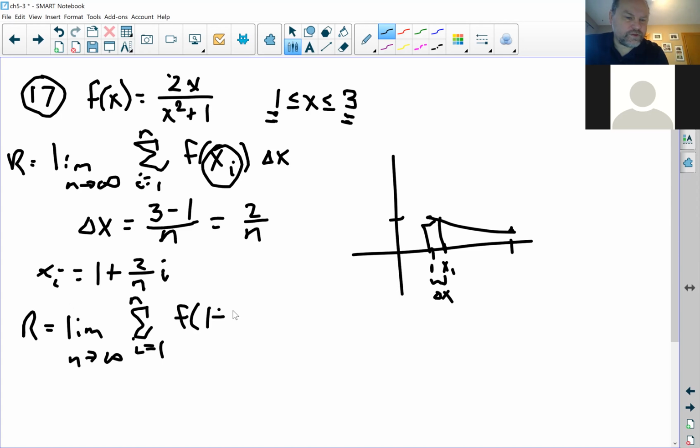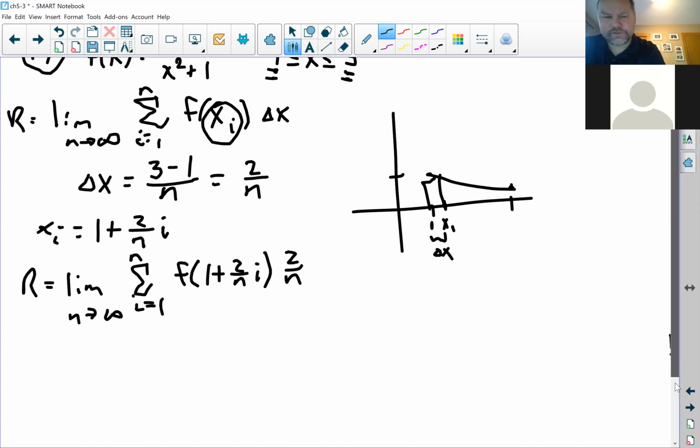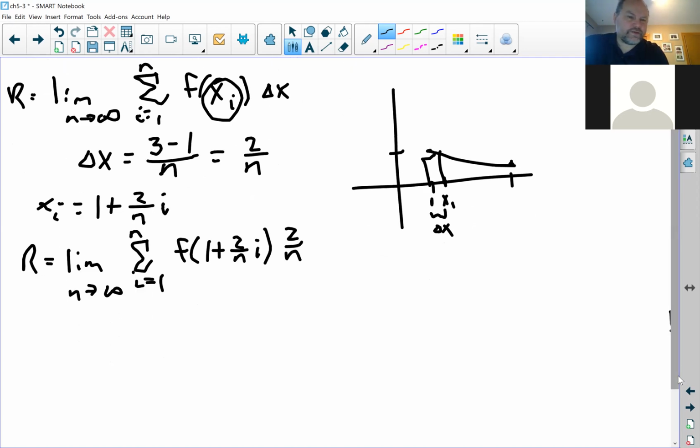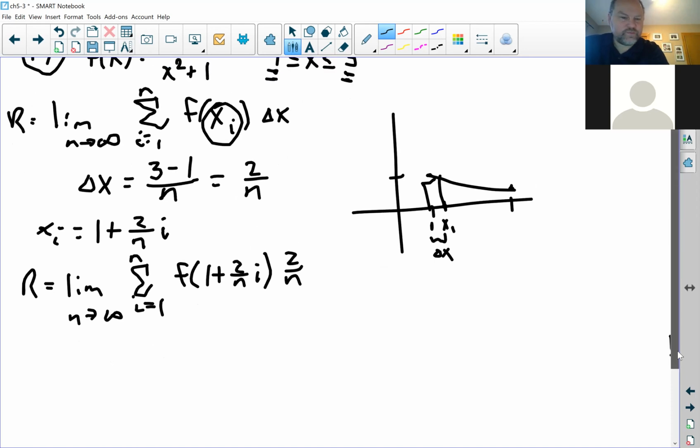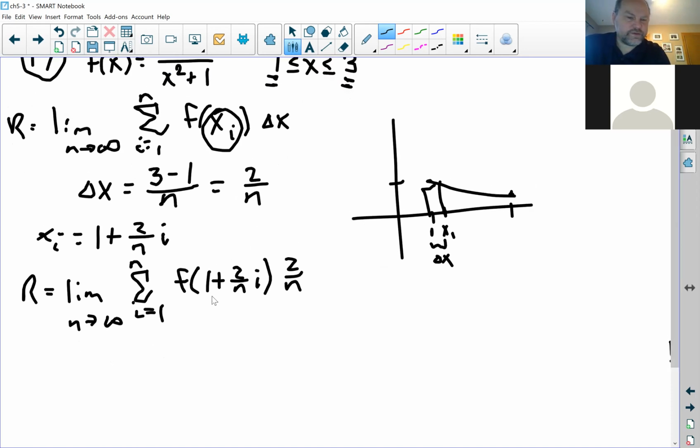This is going to be 1 plus 2 over n times i, times 2 over n. And then my last step will be plugging in this 1 plus 2 over n times i into my original function.